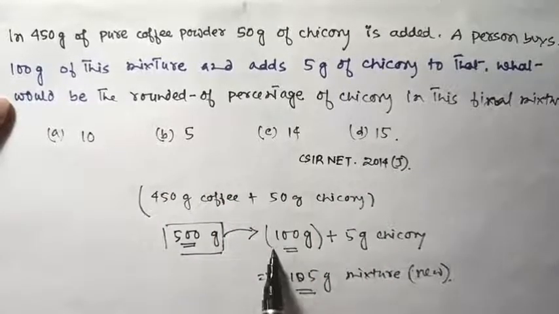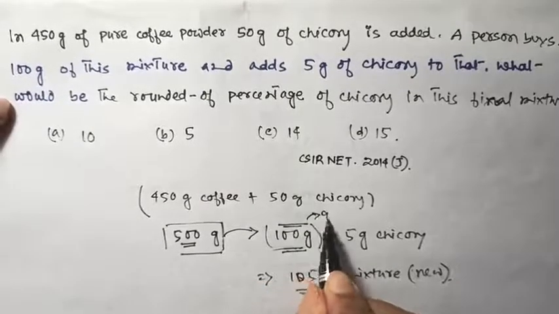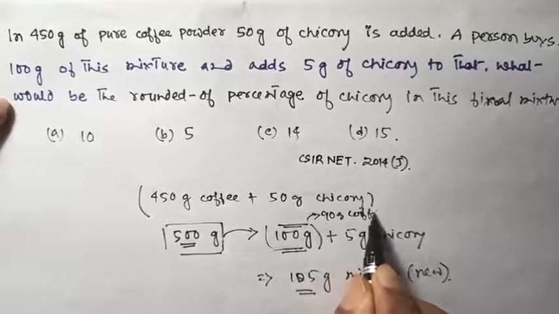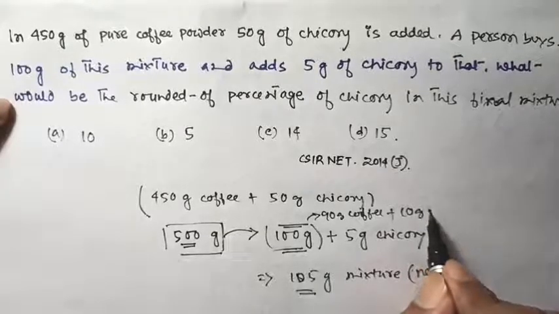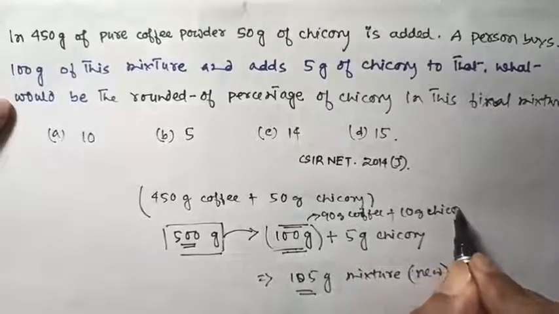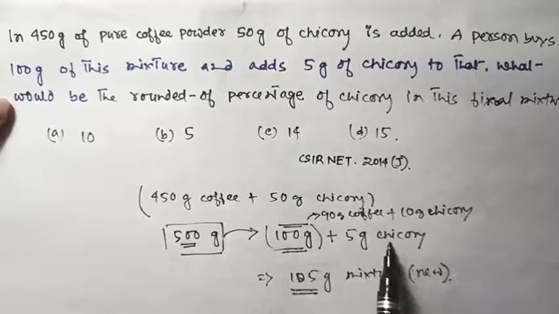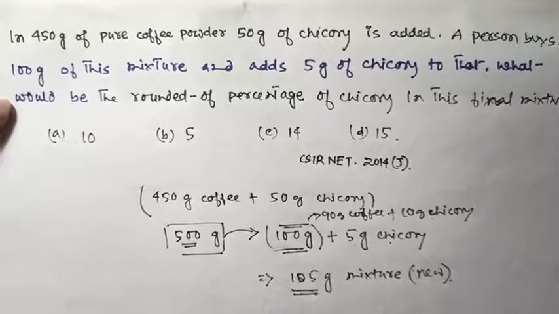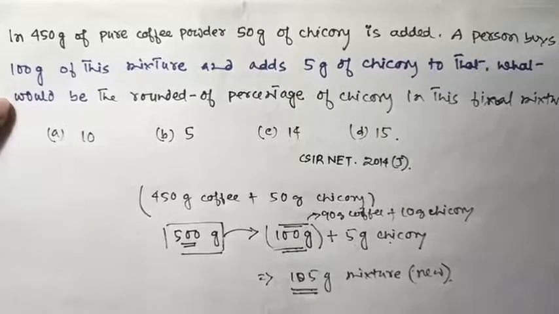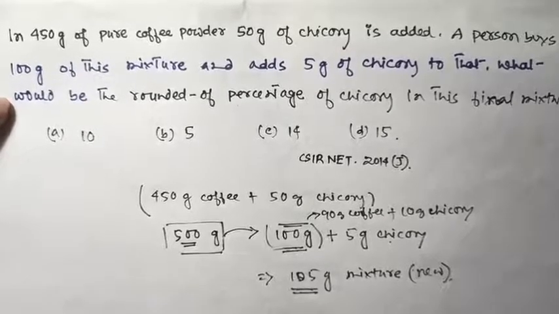So you see, in this 100 gram of the mixture, there would be 90 gram of coffee and 10 gram of sesori. So in this new mixture there would be 15 gram of sesori in total. So the percentage of sesori in the new mixture would be 15 divided by 105 into 100 percent.